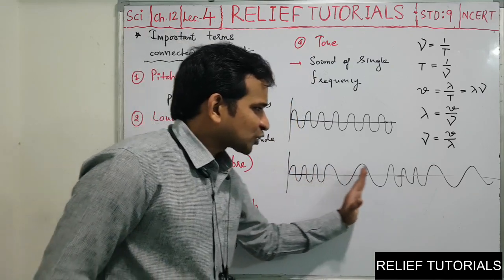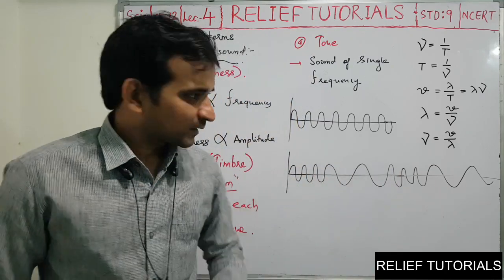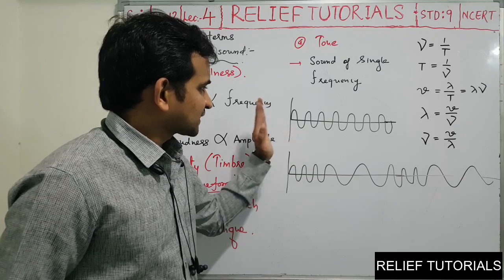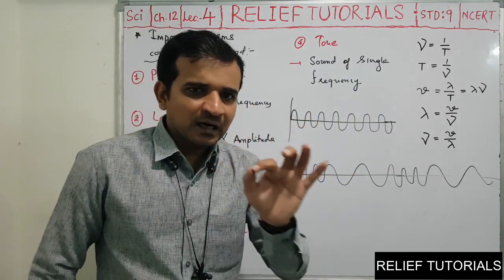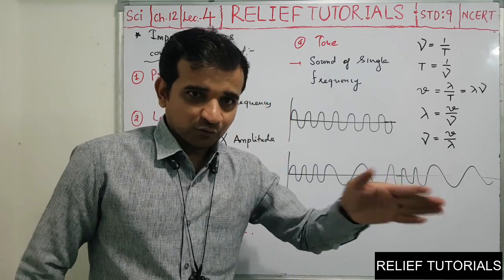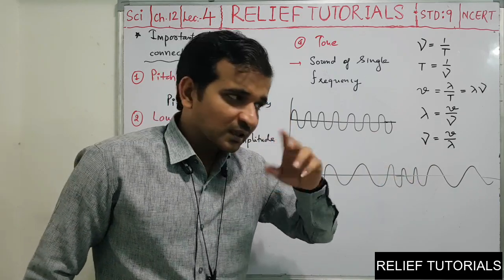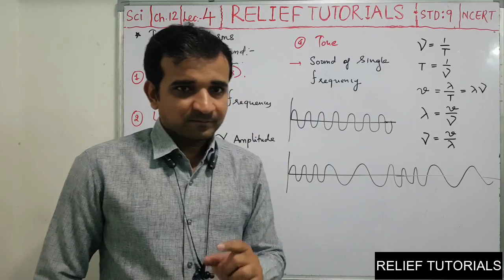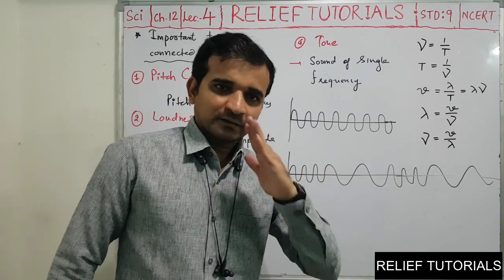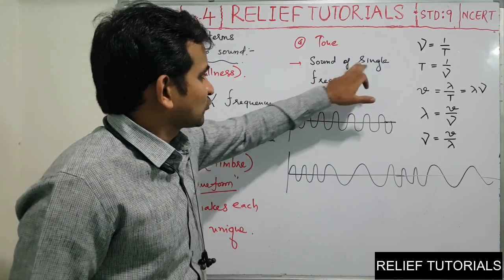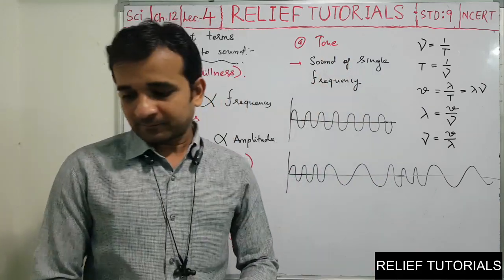So it is a mixture of many frequencies. This is a single frequency sound. It's like the sa in the musical tone, re. So these are single tones. Sa is one tone having the same frequency. Re, this way. So tone means the sound of a single frequency.